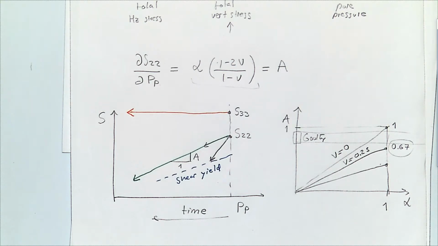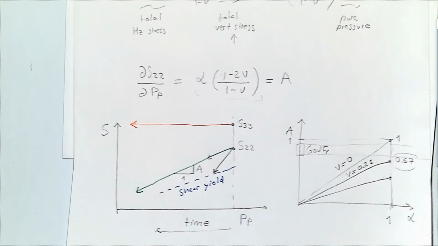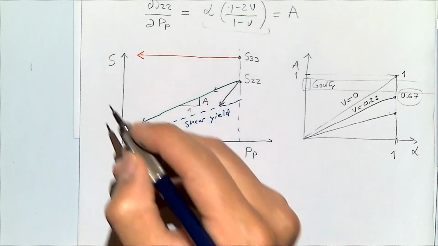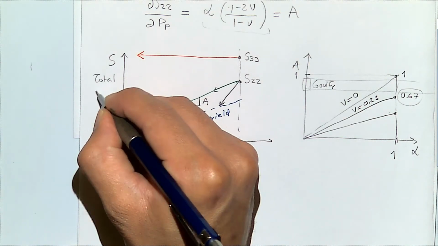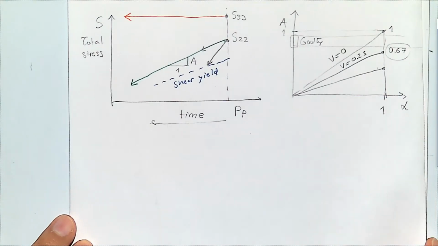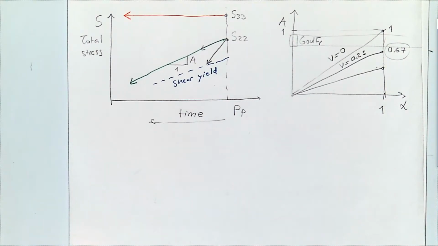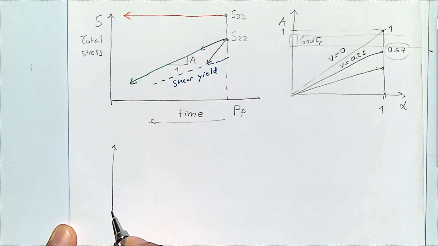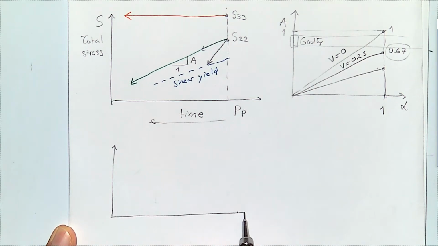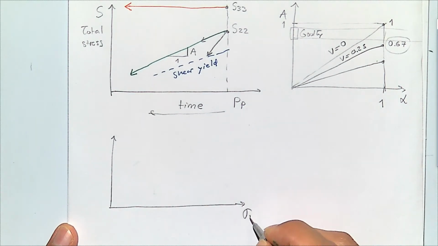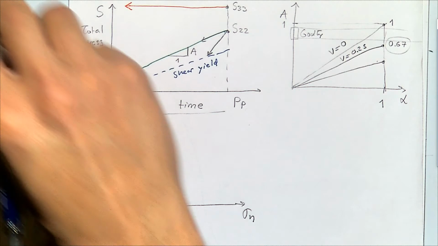So let's do that. You can plot here total stress and pore pressure, and this is a very useful plot. But in terms of mechanics and better understanding of effective stresses, we want to plot effective stresses to better understand failure. That's what I mean.